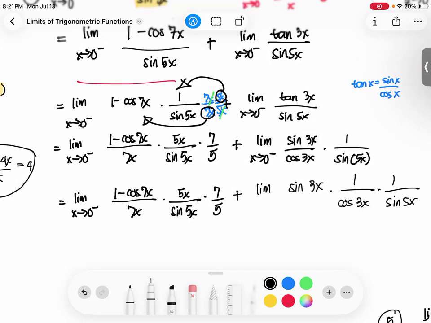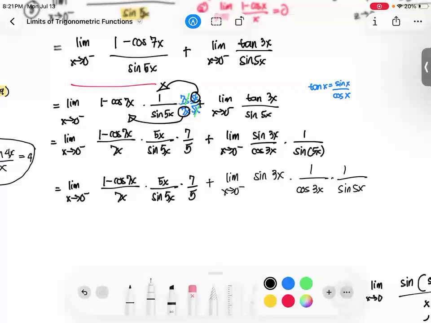Now keep in mind that the only ones needing intervention here are the sines, because cosine of 3x is just cosine of 0. When you plug in 0, cosine of 0 is just 1. So we don't have a problem with cosines in the denominator. But we do have a problem with sines in both the numerator and the denominator.